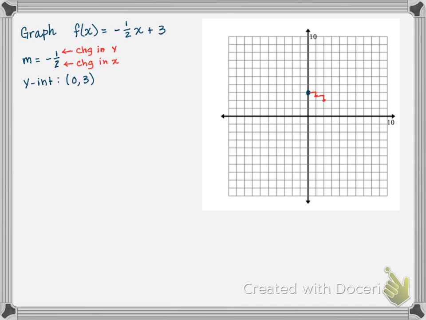And so instead of having to deal with fractions or decimals, we can just say that from this point, when y changes by -1, x changes by +2. So again, always going to the right, I went down because it's negative. So my change in y is -1, and my change in x is 2.